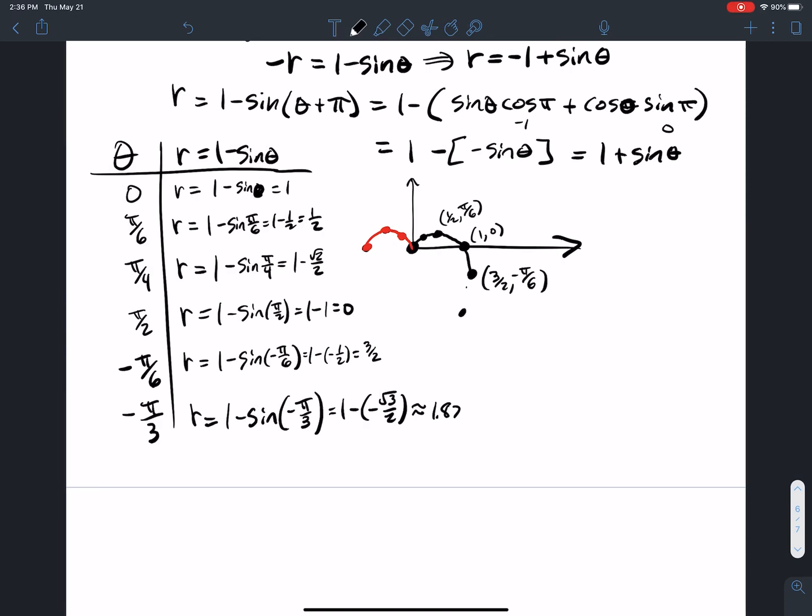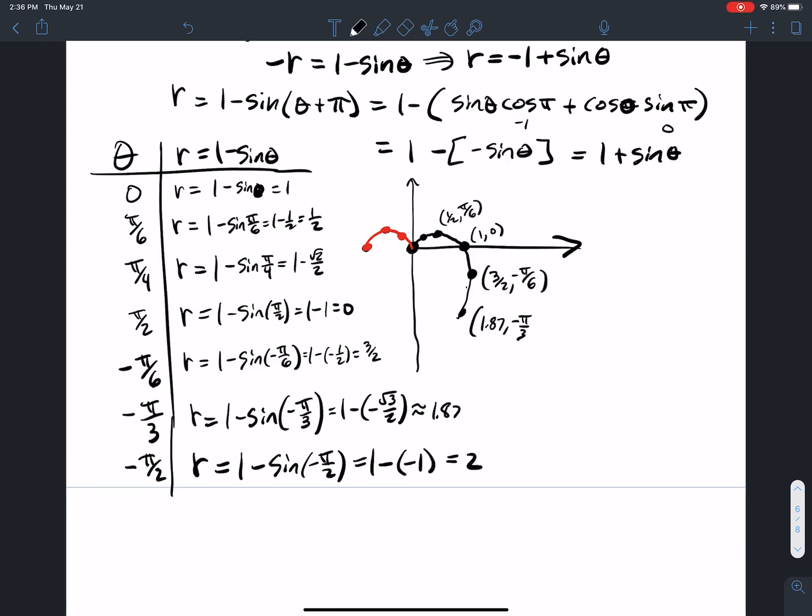This is 1.87 comma negative pi over 3. Let's do negative pi over 2, and then we'll get symmetry. So r equals 1 minus sine of negative pi over 2, which is 1 plus 1, which is 2. So this gets me down to 2 right here.